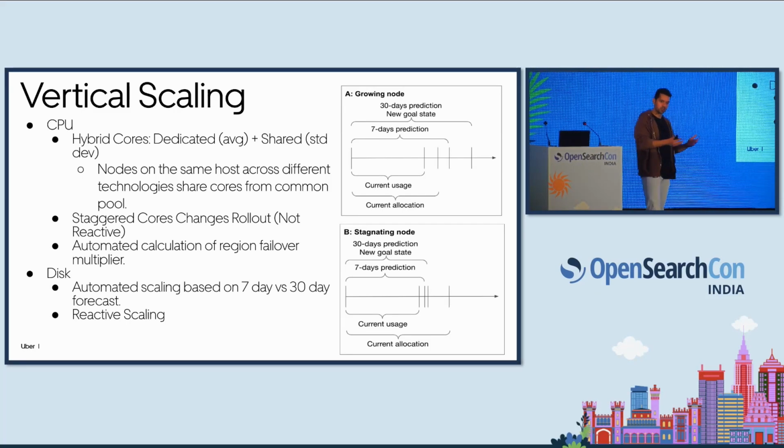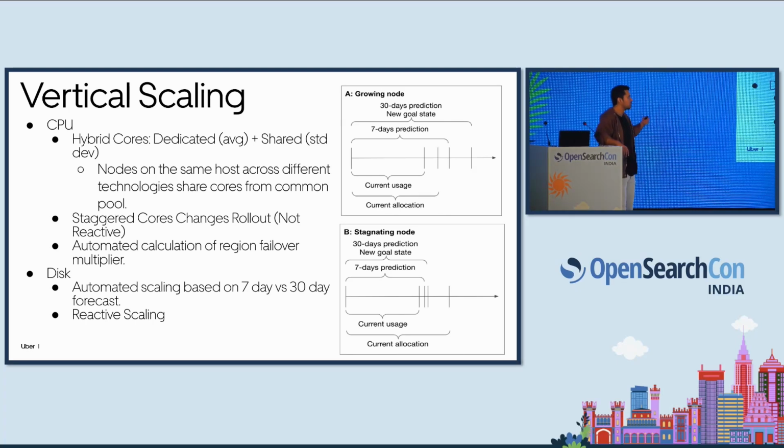And if it is more than that, we then define a delta, which says how many days it would take for one node to move from X CPU cores to Y CPU cores over Z days, right? So based on certain rules and certain prediction patterns, we let our nodes scale up while ensuring that at any point of time there is at least a minimum baseline of CPU cores and disk available to all of our nodes in the cluster.